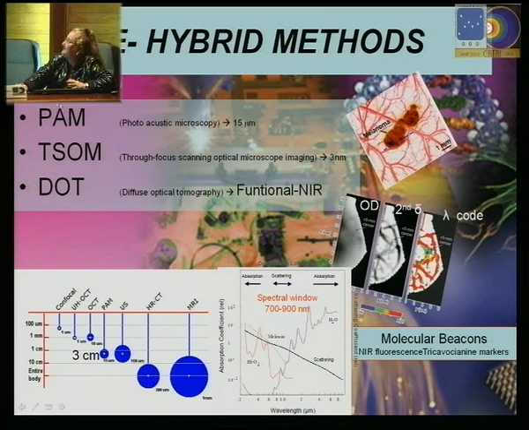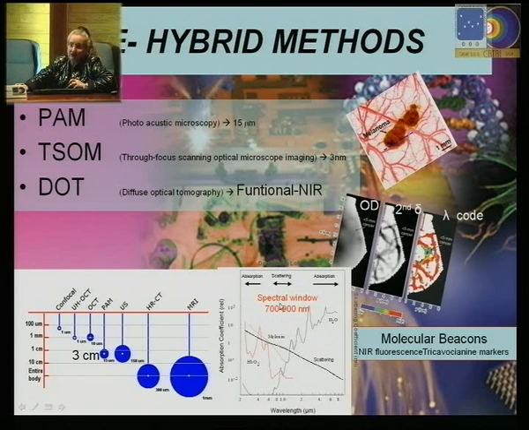More intelligent methods are the PAM, the photoacoustic microscopy, particularly this one, and the diffuse optical tomography, that is a functional near-infrared tomography. You excite the area, for example, the breast, with near-infrared, you get the optical density image, you get the second derivative of this image, and thereafter you code the different wavelengths in the spectral window.